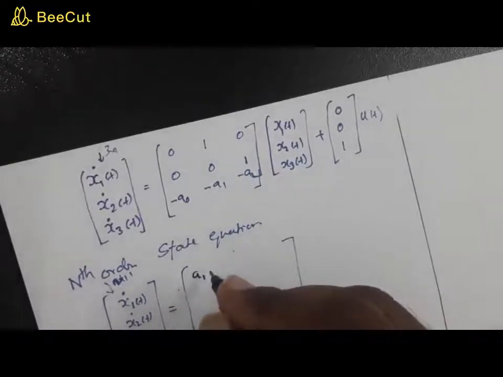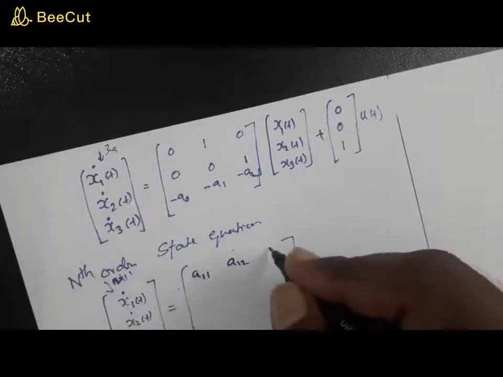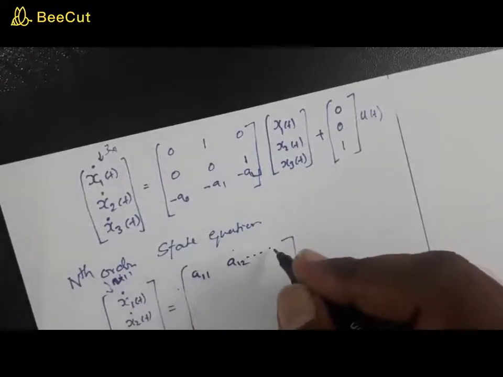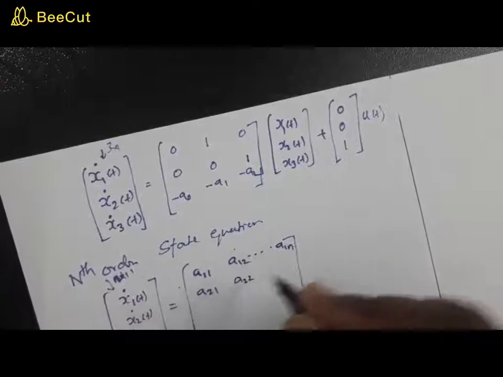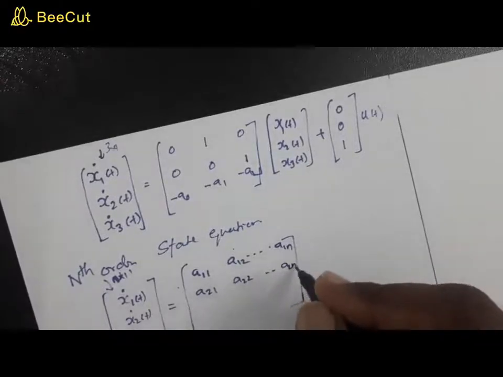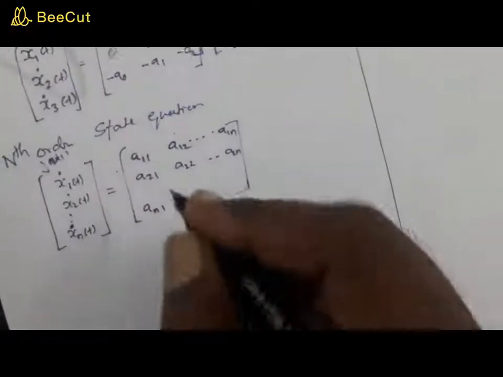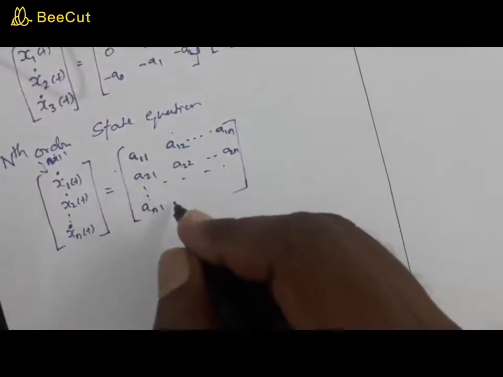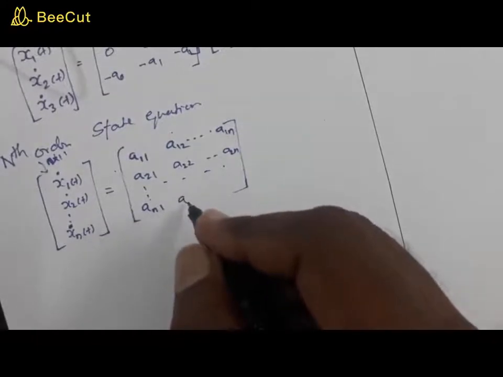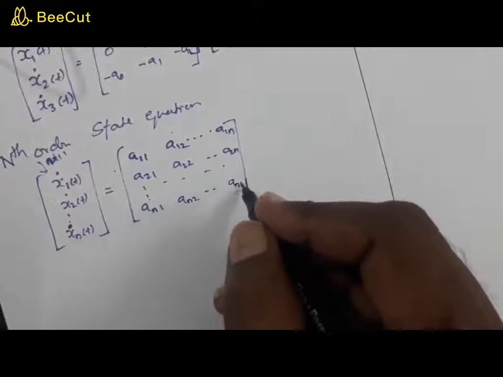So I'm going to represent this in matrix form. I can represent this as A11, A12, up to A1n. This will be A21, A22, up to A2n, and this will be AN1, AN2, and it goes on like this and reaches ANN.